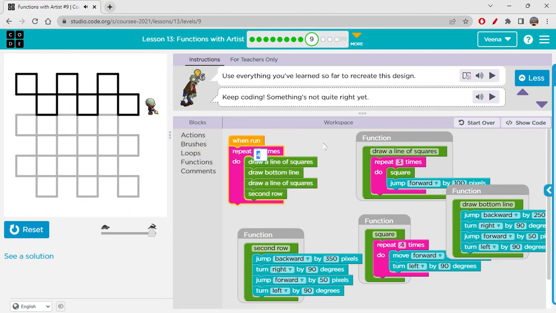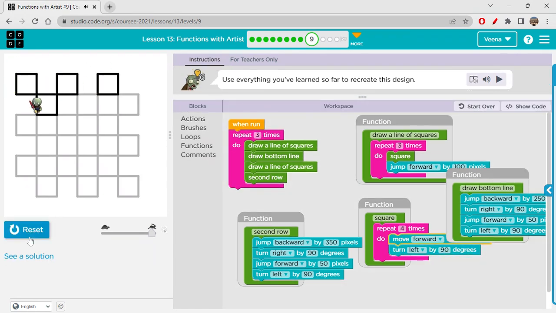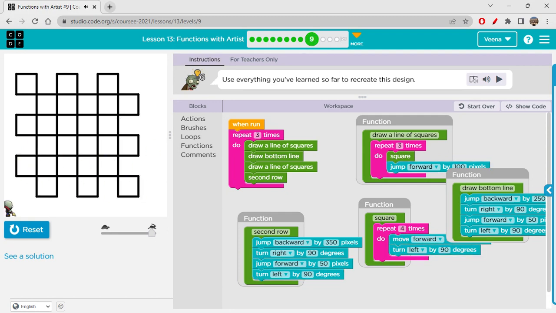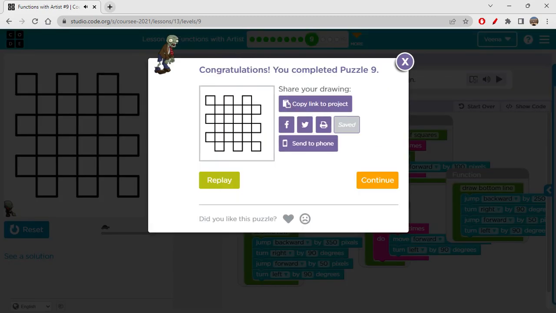Come on. Let's check it out. I hope this should work. Let's see what happens. Wow. This is something cool, right? I would actually show this again.